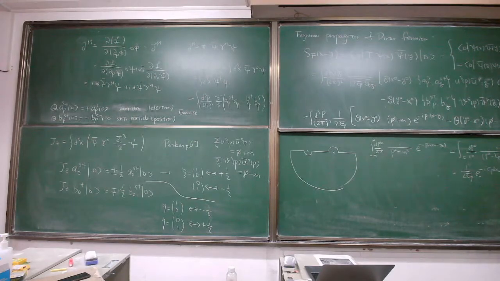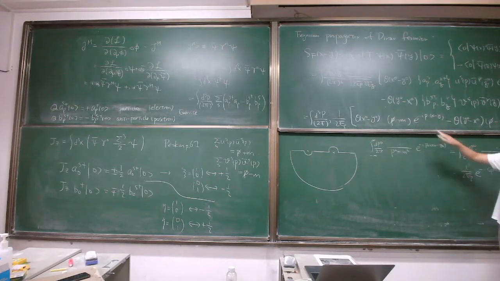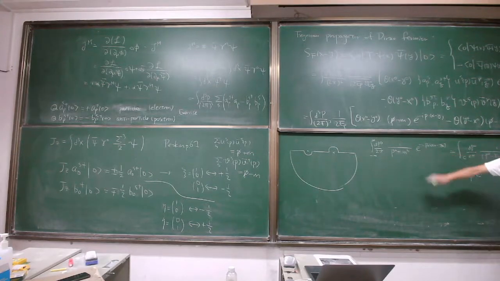That's what we already knew. From the analysis, I think it should be correct. So therefore, this 1 over 2 E_p e to the minus i E_p x0 minus y0 can be replaced by this integral.